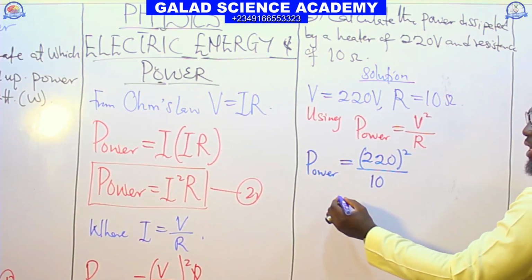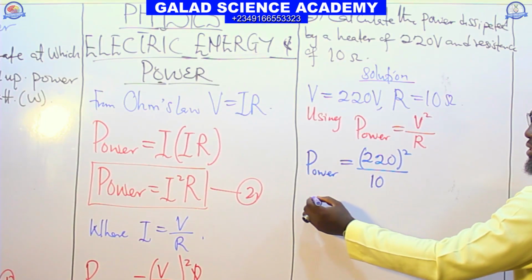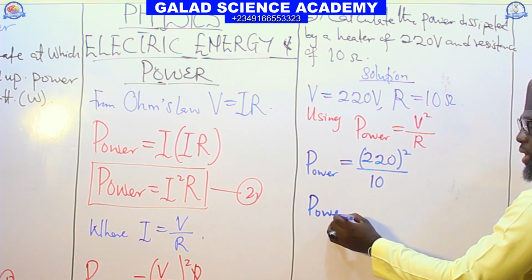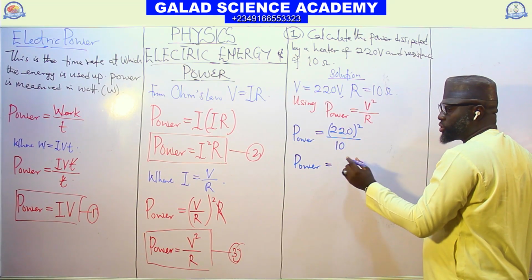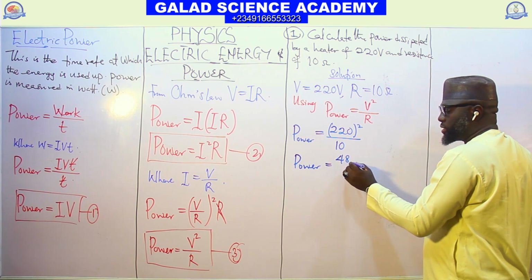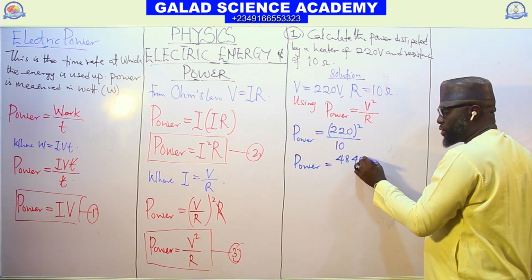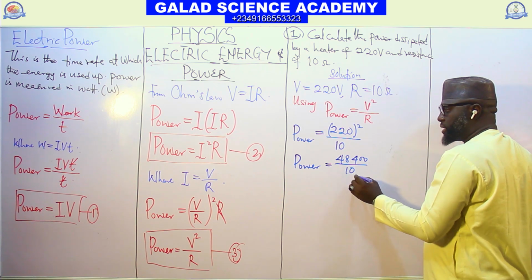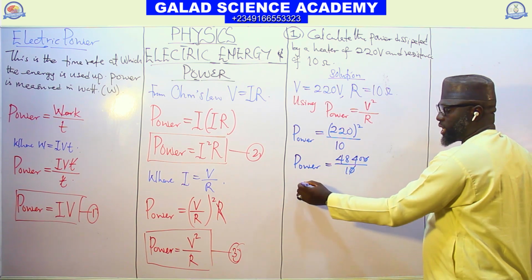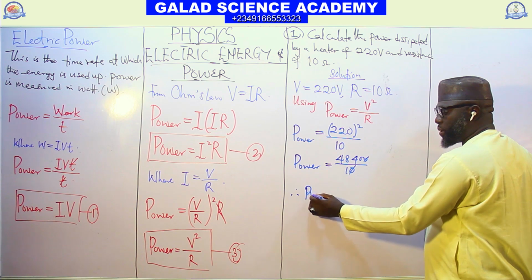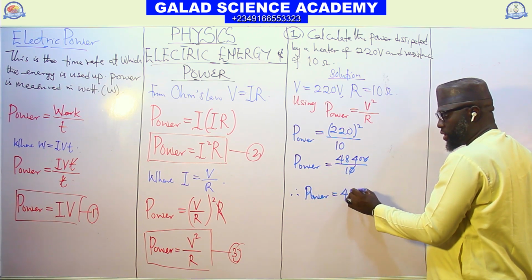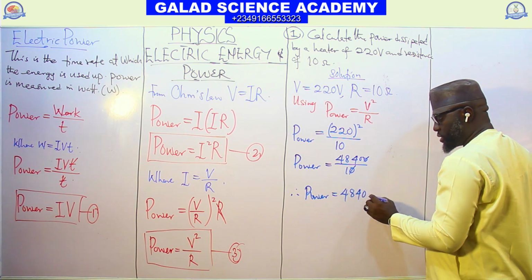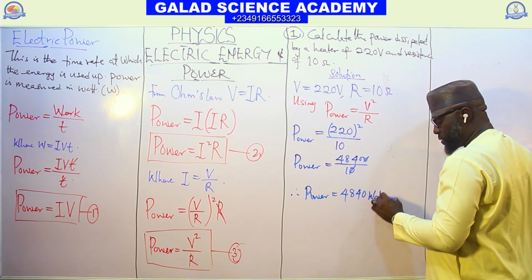So by pressing this, 220 squared is 48,400, divided by 10. Therefore, the power dissipated is 4,840 watts.